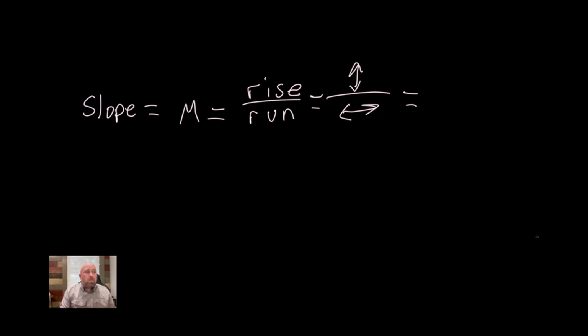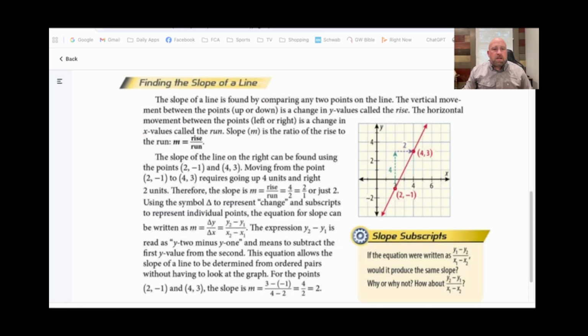And then there's another way that we can write this, using the triangle, and I'll tell you what that means in a second: triangle y over triangle x. If you look in your book, on page 91, down here it says that the symbol triangle is called a delta. In the Greek alphabet, you have different letters: the A is called alpha, and the B is called beta.